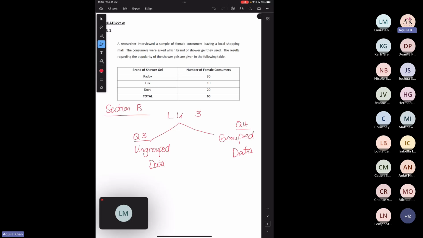The learning unit itself is called descriptive statistics. Once again, you will have to go through the slides on your own. The slides have absolutely everything that is necessary in terms of your assessments, and they have a lot of examples in them as well.